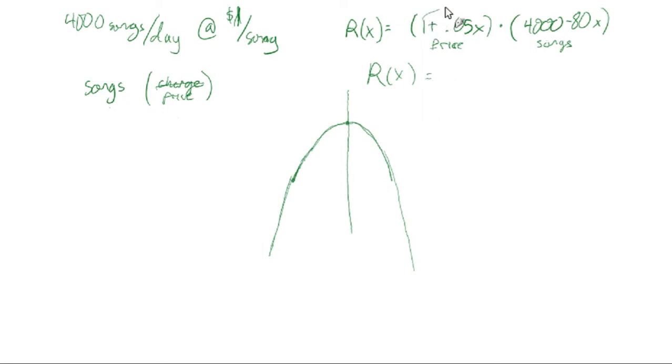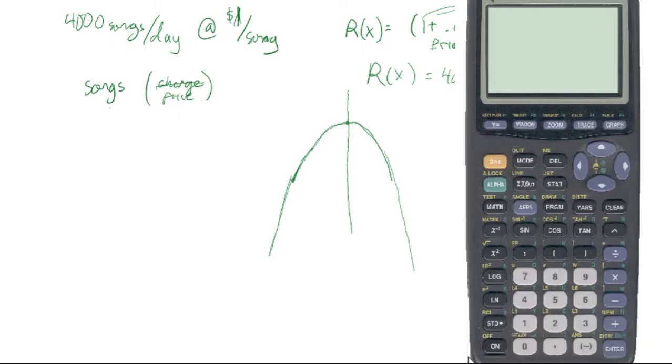So 1 times 4,000, that's 4,000. Plus 1 times negative 80x, so that's minus 80x. And then we do these guys here, distribute this 0.05x. 0.05x times 4,000. I always run for my calculator when a weird thing like that comes up. So 0.05 times 4,000, that's 200.